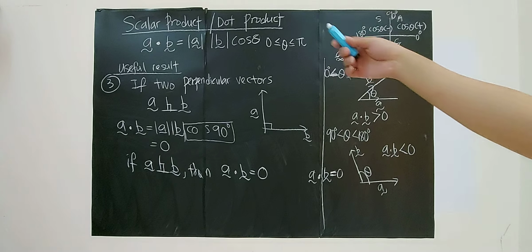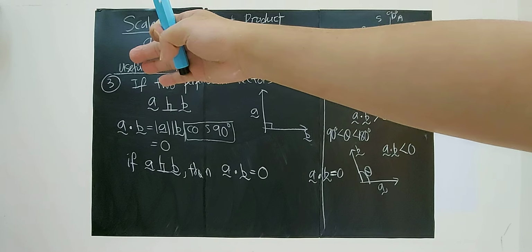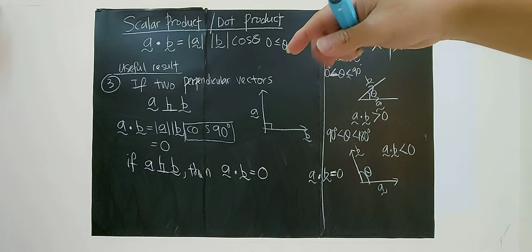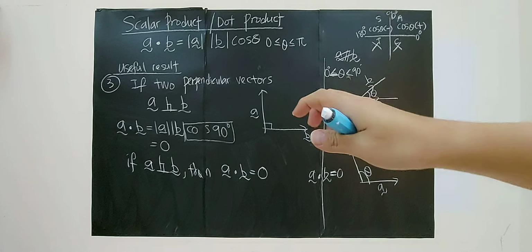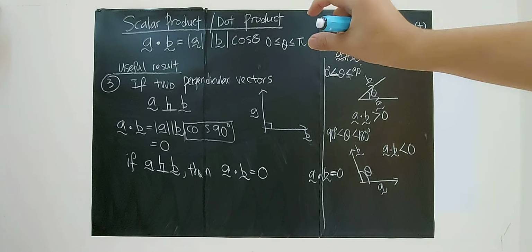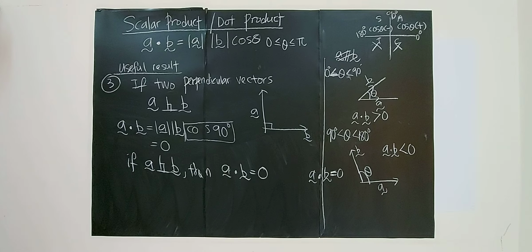Combined with the useful results from part 1 and part 2, everything comes from this definition. Hope you understand this video, and we go for the next video about the properties of scalar product.